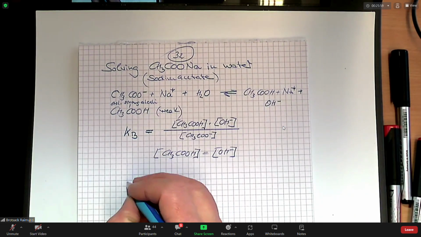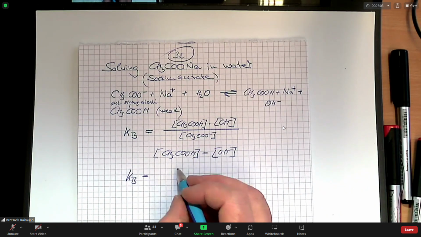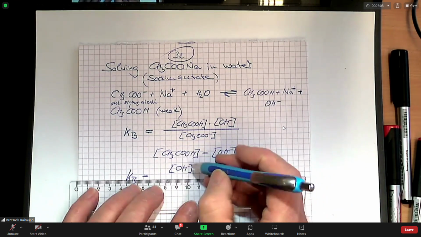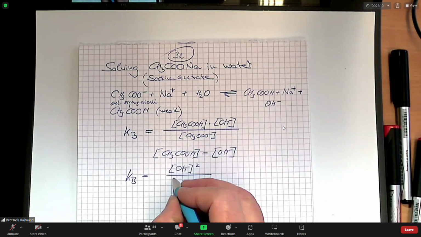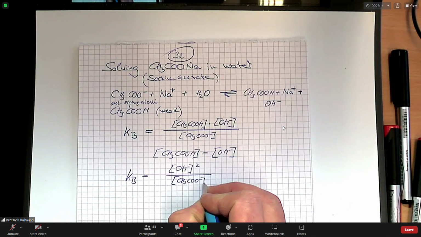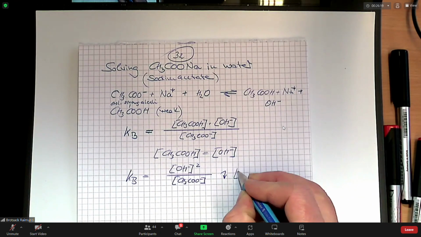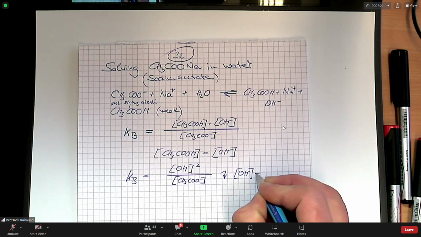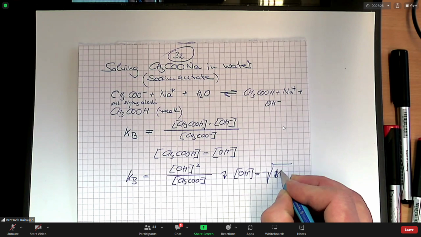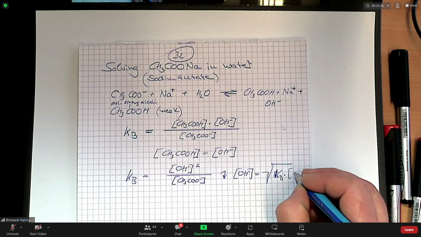So the Kb can be written as the OH- squared over the acetic anion concentration. Or even here, the OH- is the root of Kb times the concentration of the anion.